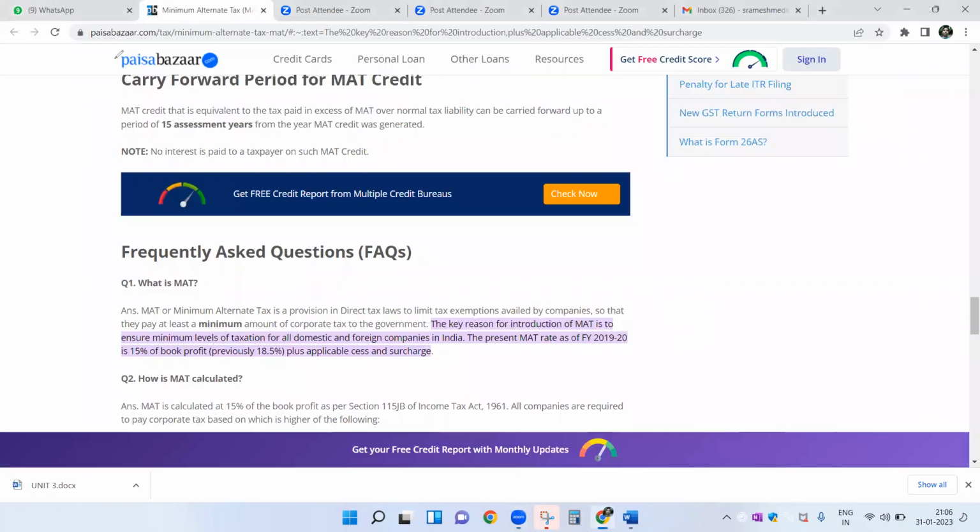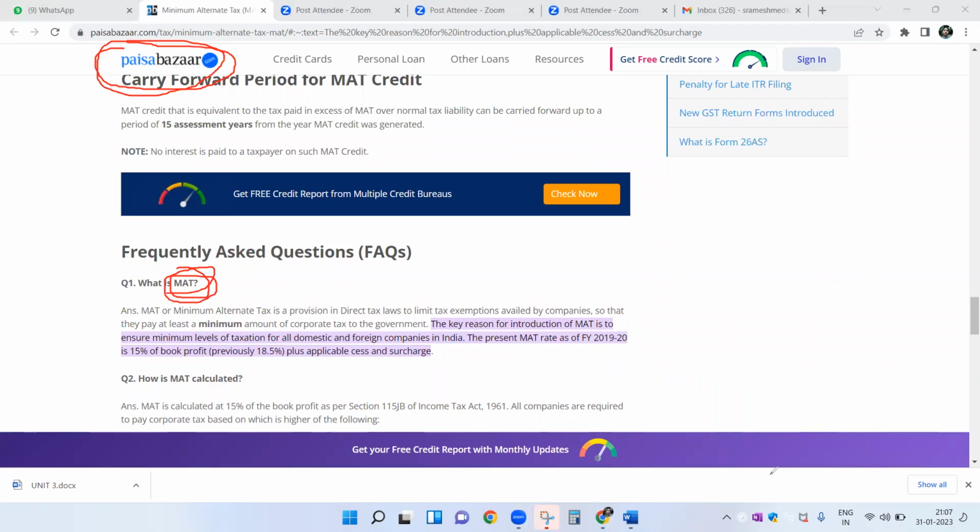This is the Paisa Bazaar web source. From this, I am going to explain MAT. MAT means not the doormat that we keep at our doors. Sir, MAT stands for Management Aptitude Test? Yes, but in our tax class, MAT stands for minimum alternative tax.